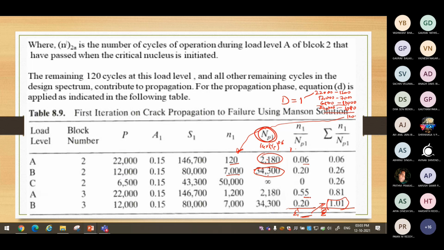By taking earlier Palmgren-Miner rule, 0.148 inch was giving us 1.001 damage. Okay, so that is why earlier we found by Miner's rule, 0.148 inch was the damage which gave us 1, or for 0.15 inch we had D equal to 0.85.